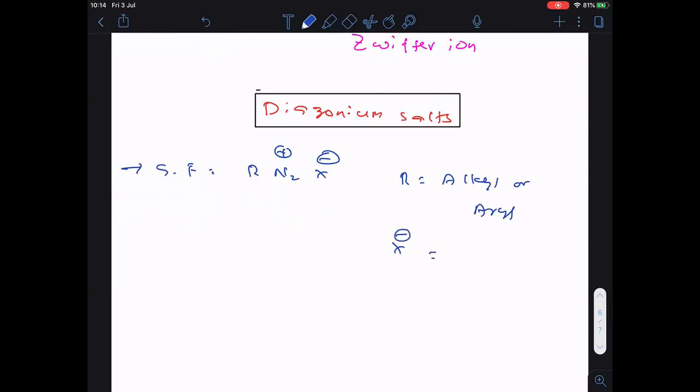X minus may be Cl minus, Br minus, HSO4 minus, etc. Completed.